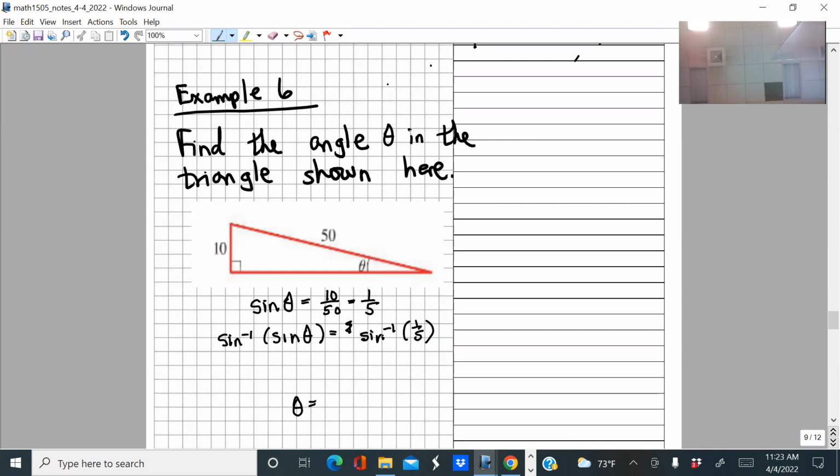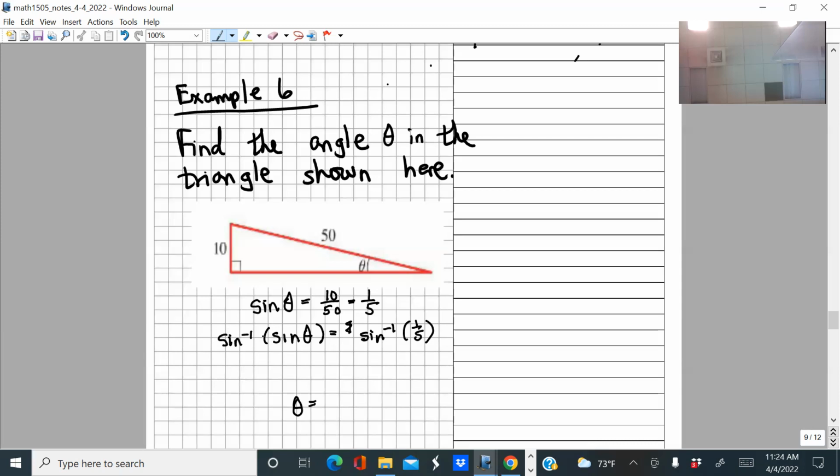So make sure you apply the arc sine, or the sine inverse, to both sides. You got to do it to both sides because this is an equation. And then hopefully on the left-hand side they cancel, and you just get theta, exactly what you're looking for.